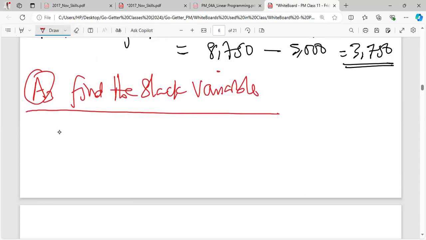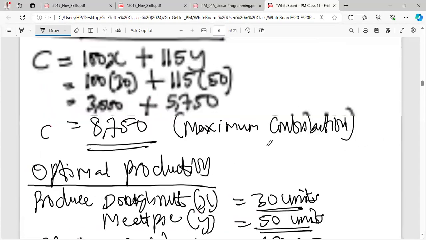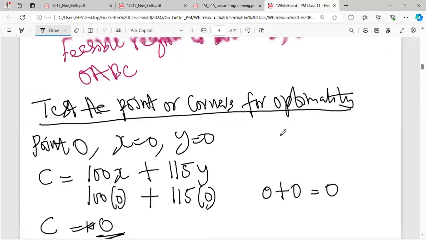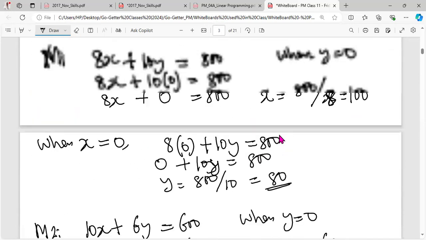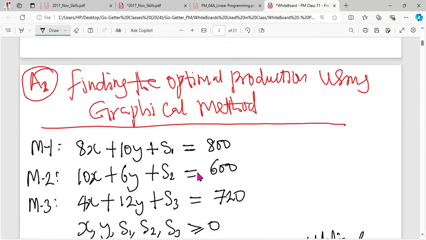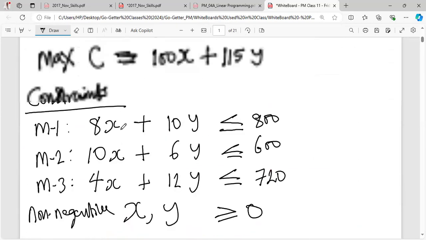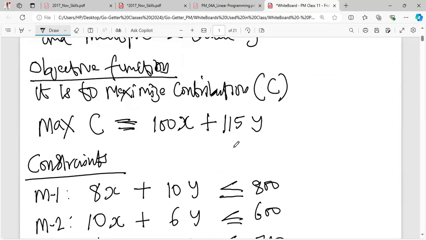So to know the slack variable, we'll need to use the original equation we used in formulating this.